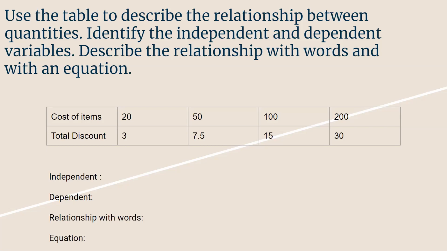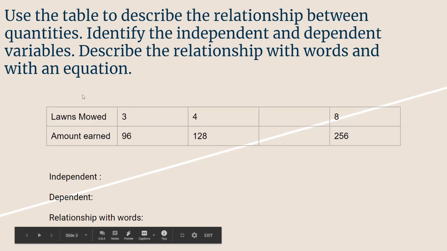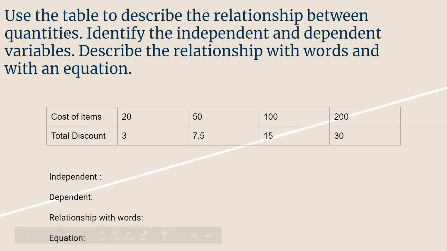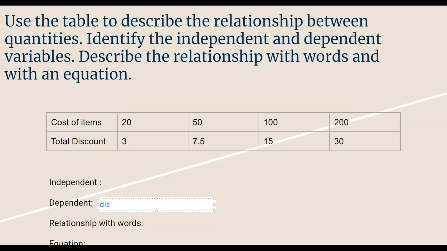So the dependent variable, and I'm going to type this out really quick. Your dependent variable is the discount. Okay, and then your independent variable would be the cost of the items. Okay.